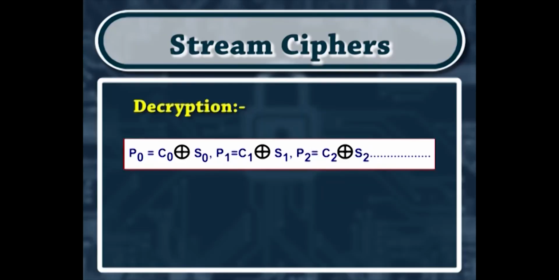To decrypt ciphertext C, the key stream S is again used, that is, plaintext P0 = C0 XOR S0, P1 = C1 XOR S1, and plaintext P2 = C2 XOR S2, and so on, provided that both the sender and receiver have the same stream cipher algorithm and that both know the key K. The resulting cipher is not probably secure.